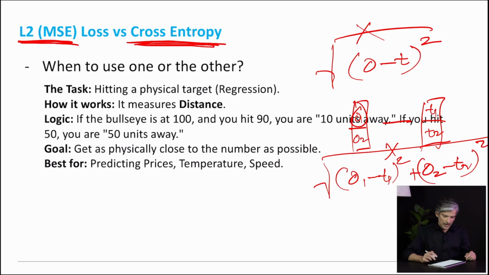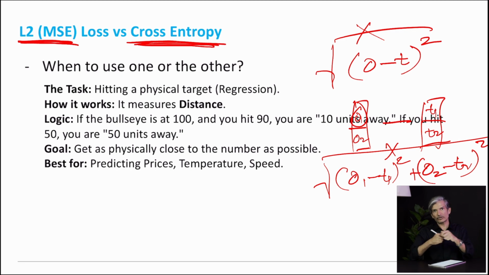So when should you use the L2 loss and when should you use the cross entropy loss? It's very simple. When it is about hitting a physical target, when it's about doing this so-called regression, predicting prices, predicting temperature, predicting speed, when we want the physical quantity as a number as close as possible, when it's not a classification problem.